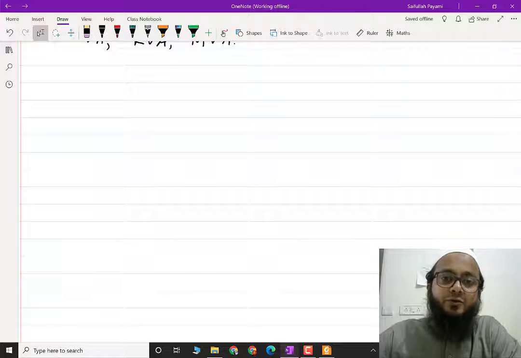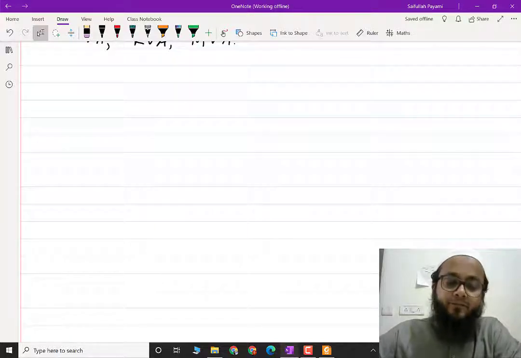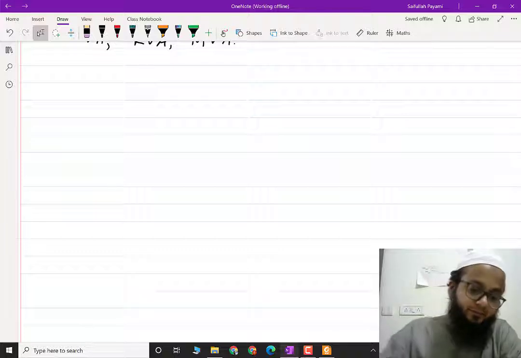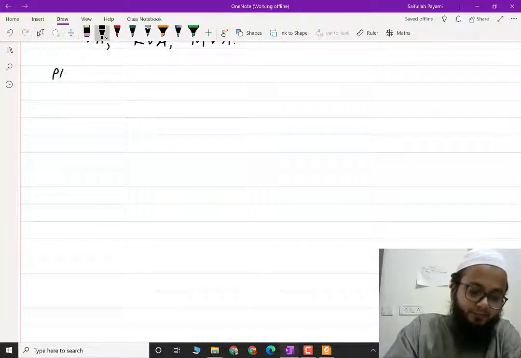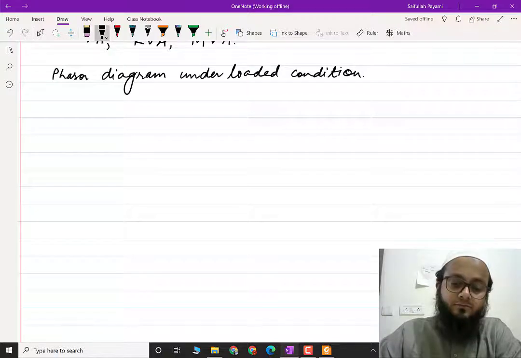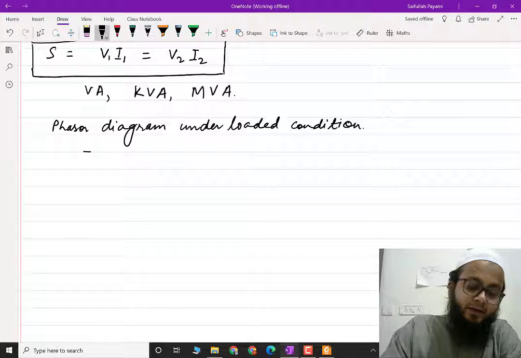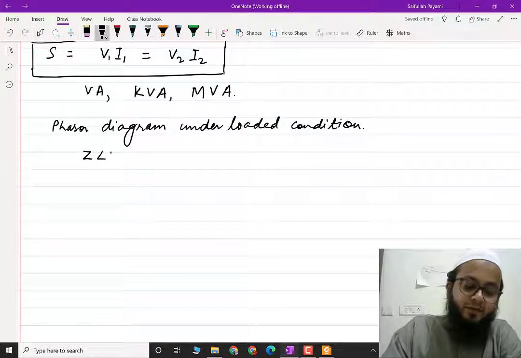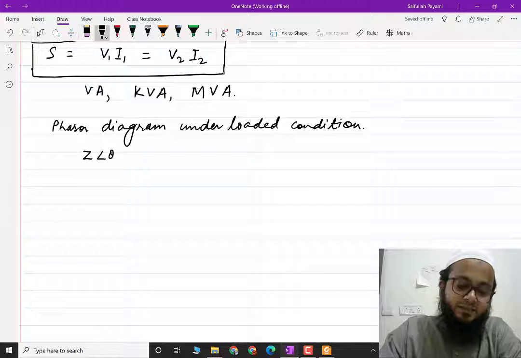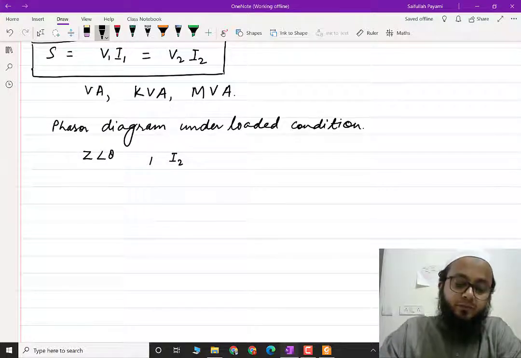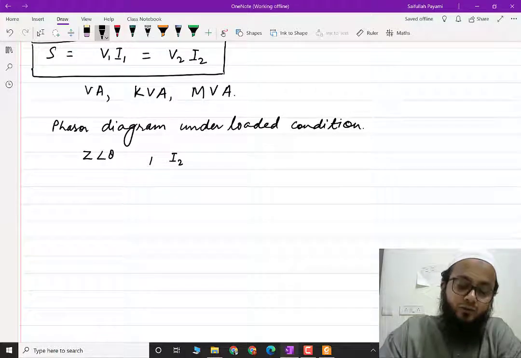So now we will try to draw the phasor diagram of an ideal transformer under loaded condition. What we have said is that Z was at an angle of theta. So obviously with respect to V2, I2 would be at an angle of minus theta, right?